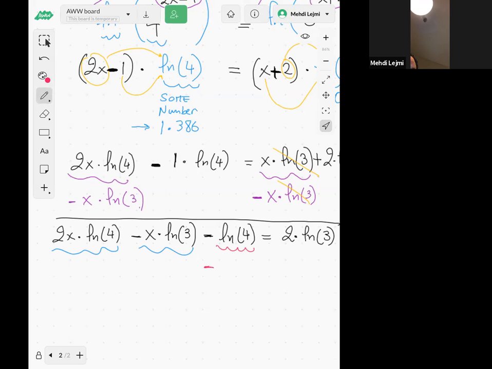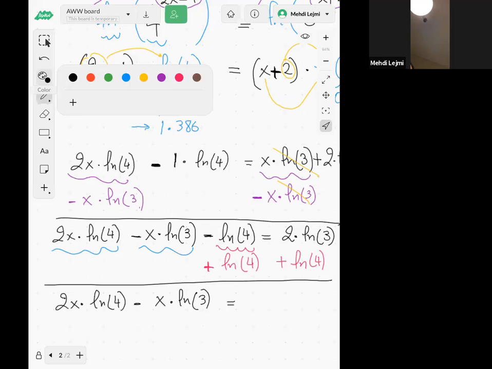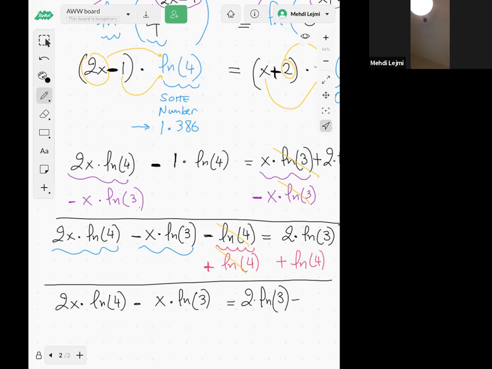It's a minus, so the opposite operation would be plus. Now it's 2x times natural log of 4 minus x times natural log of 3. And on the right side, this cancels out, and it's 2 times natural log of 3 plus natural log of 4.